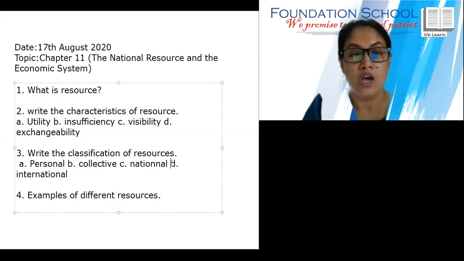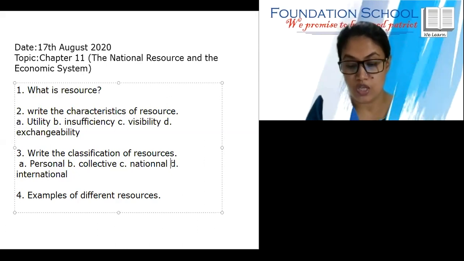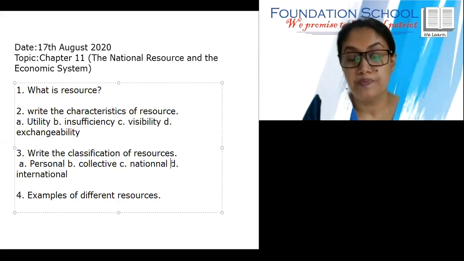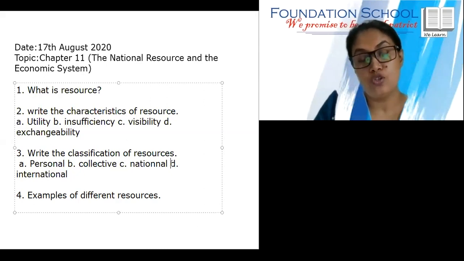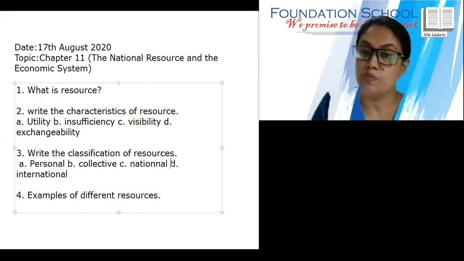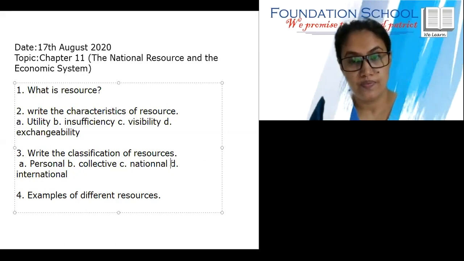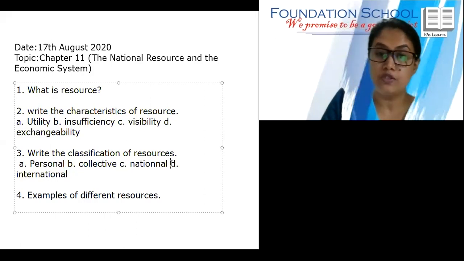Or we can say that all personal and collective resources are known as national resources. All collective and personal resources are the resources of a nation. Hospital, a collective resource, is also a national resource. School, a collective resource, is also a national resource.